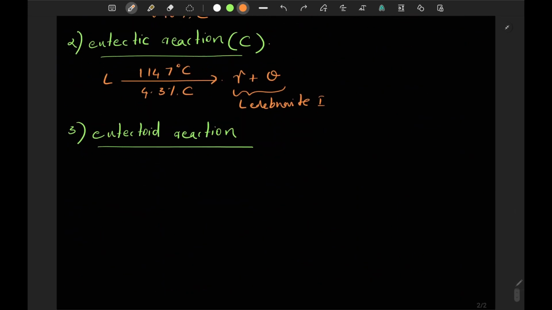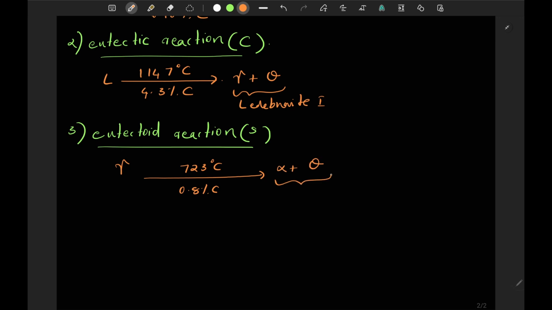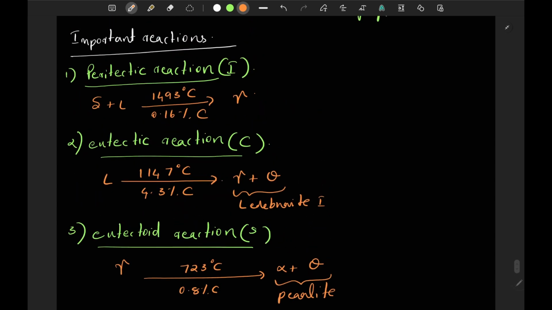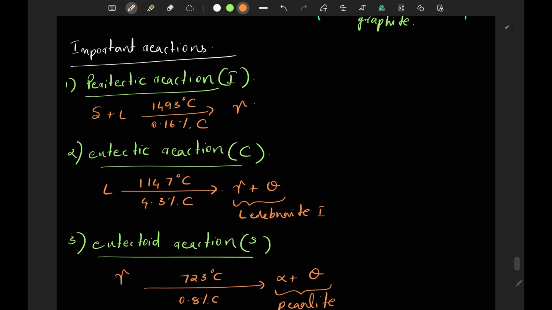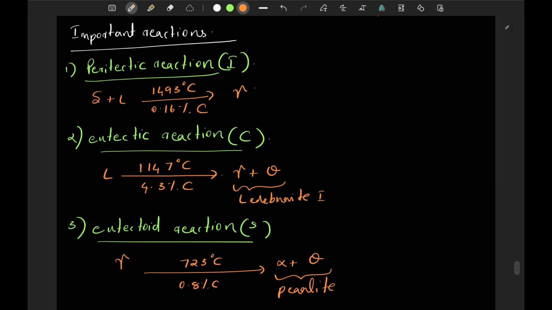So we will write it. Point S, gamma upon cooling down at 723 degrees Celsius, and at a carbon content of 0.8% carbon, we will get alpha plus theta, that is pearlite. So these are the most important reactions that are happening in an iron carbon phase diagram.